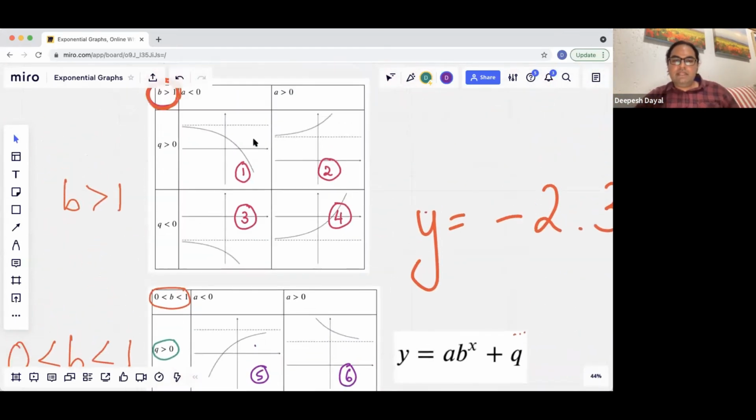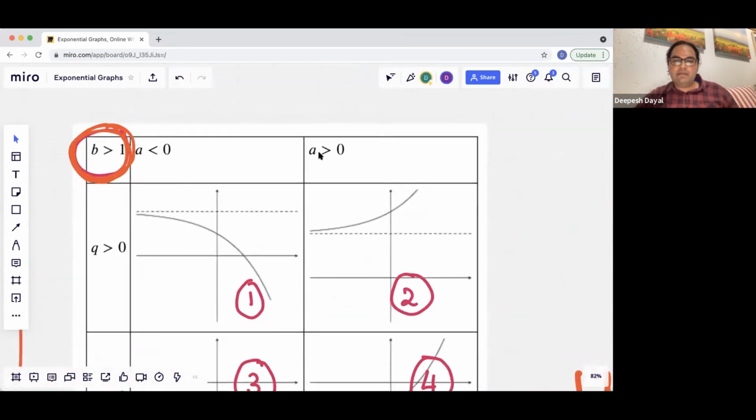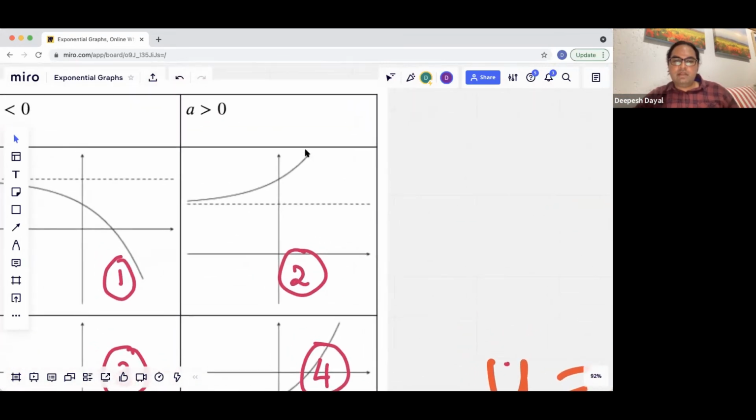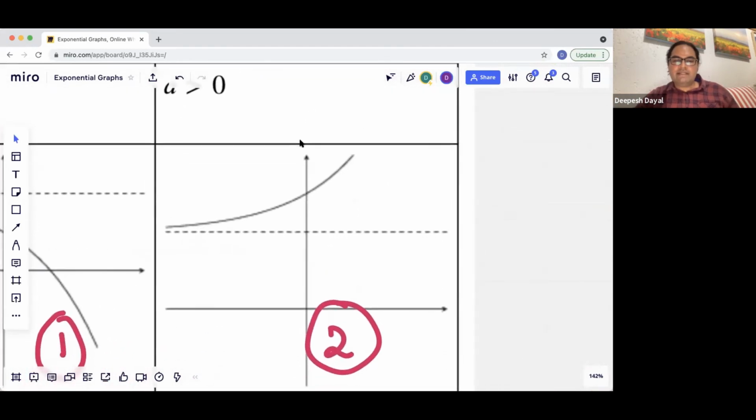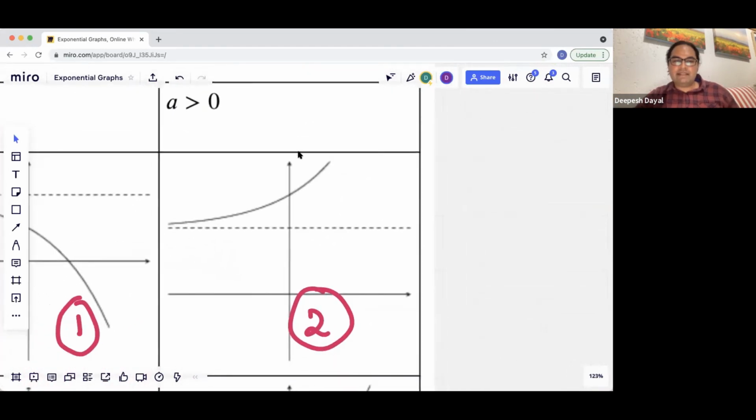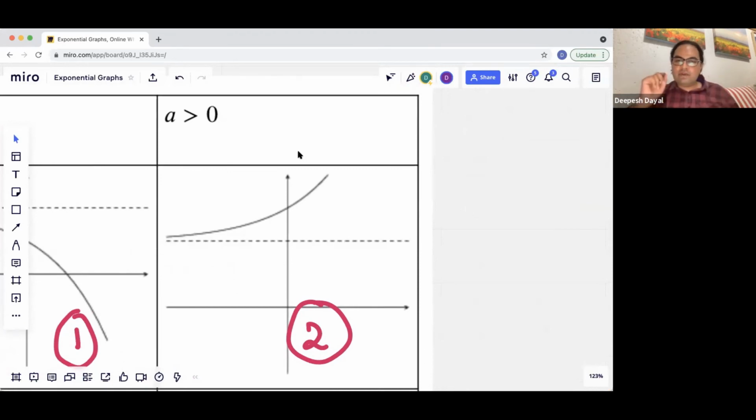Remember, if you look at these graphs, see this one, number 2. Can you see this graph? Does it have an x-intercept? Does it touch or go through the x-axis? This one, number 2, yes or no?